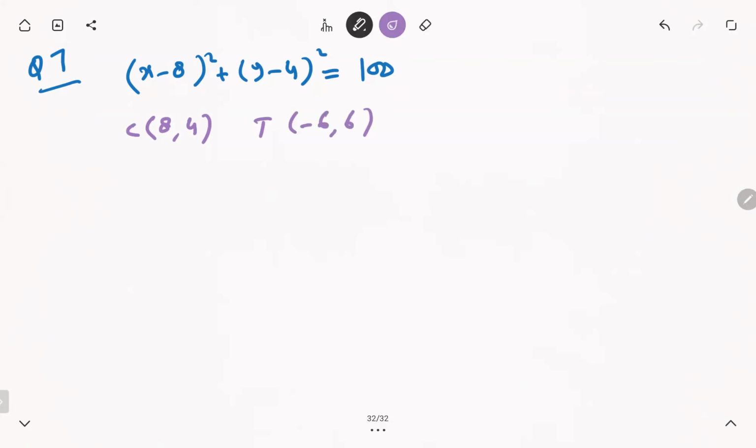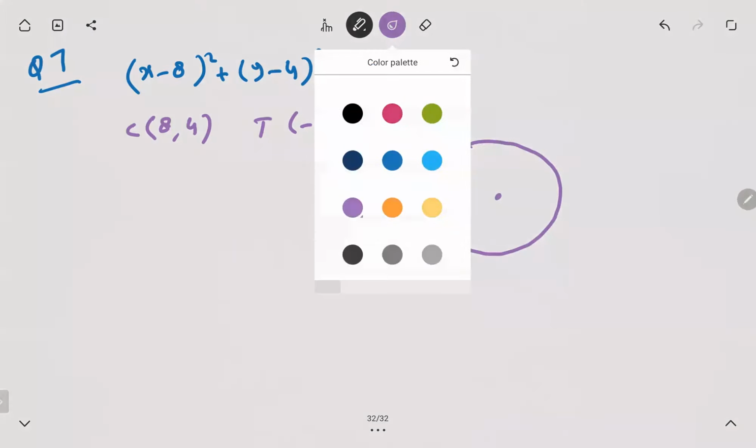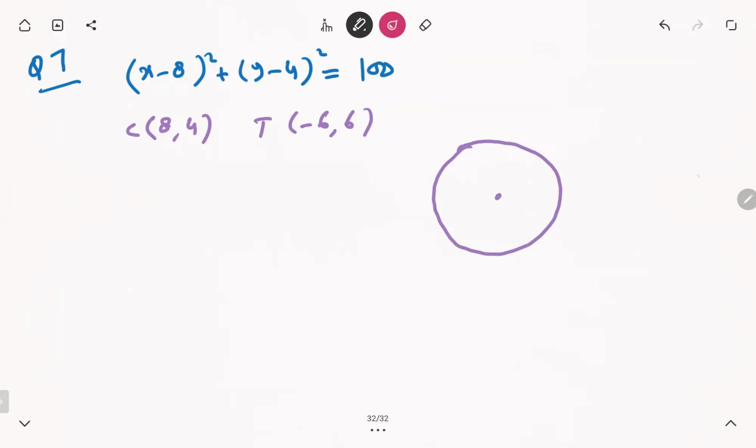Okay, so let's sketch that. We have to show the angle between one of the tangents and CT. Okay, let me make a sketch. Say the external point is here, this is T. From the external point, we can draw two tangents to the circumference.